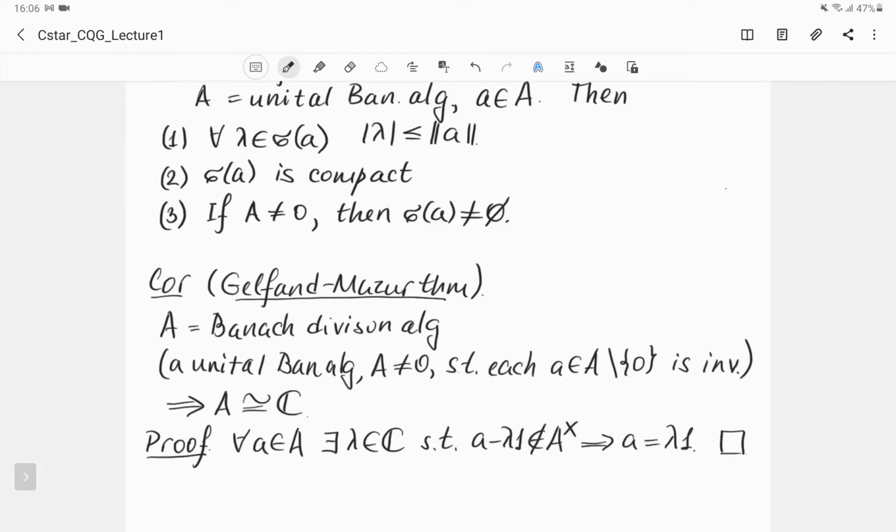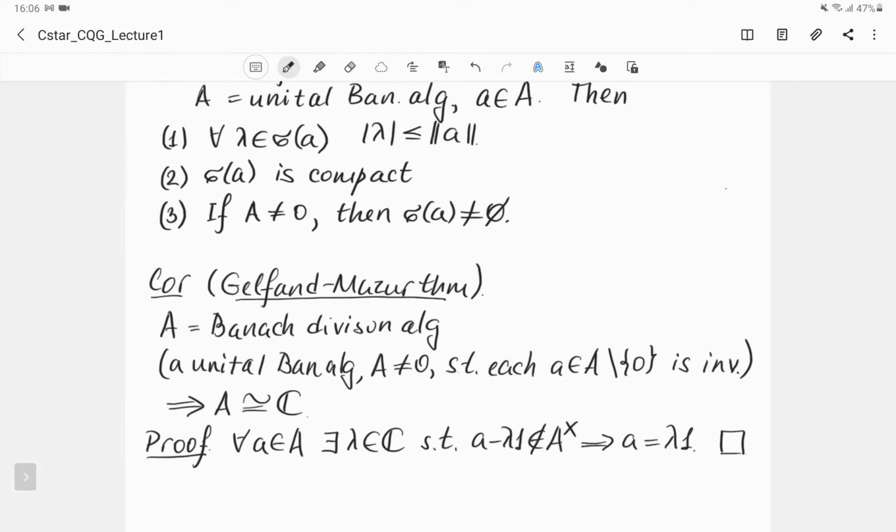By the way, the Gelfand-Mazur theorem has a rather remarkable history. It was proved originally by Mazur at the end of the 1930s, and it was proved over the real numbers, which is much more difficult, by the way, than the complex version of the Gelfand-Mazur theorem. But for some strange reason, Mazur submitted his paper to the French journal Compte Rendu, which is known to publish only brief communications.